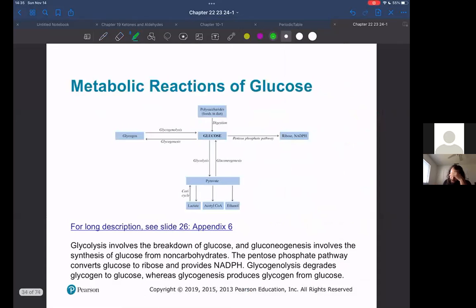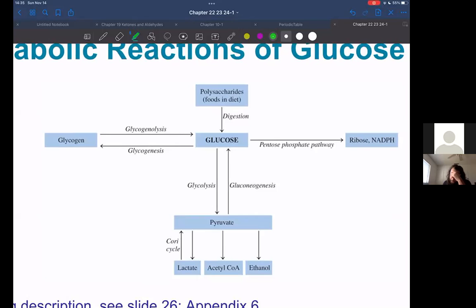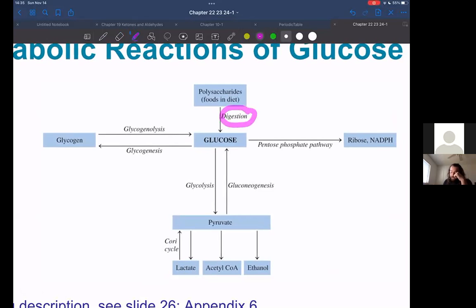Okay, so this is a little bit of a cheat sheet diagram of all of what we've talked about for glucose here, or really for carbohydrate metabolism. We have the digestion, which is how polysaccharides are broken down into their monosaccharide units. We can convert those to glycogen through glycogenesis, or convert glycogen back to glucose through glycogenolysis.